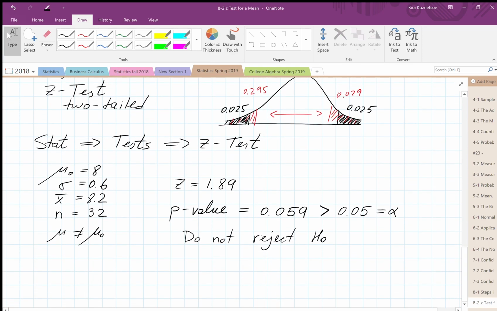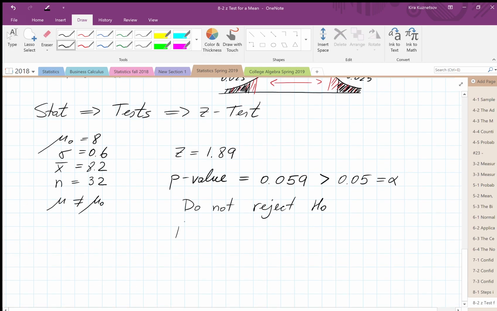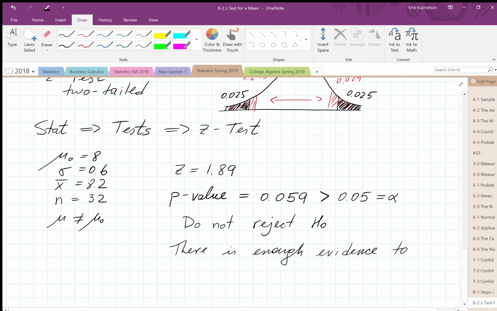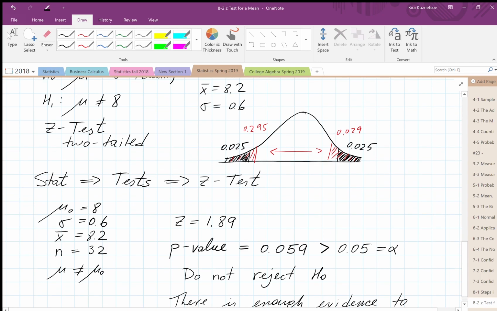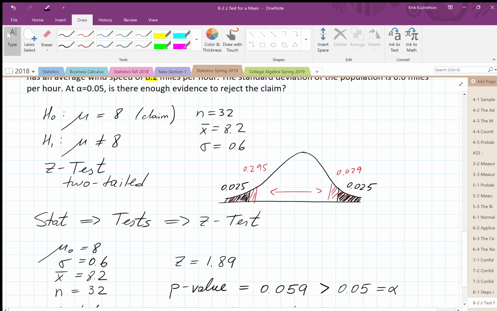And then you want to be able to write down the sentence. There is enough evidence. So if we do not reject the null hypothesis, we agree with the fact that mu is equal to 8.